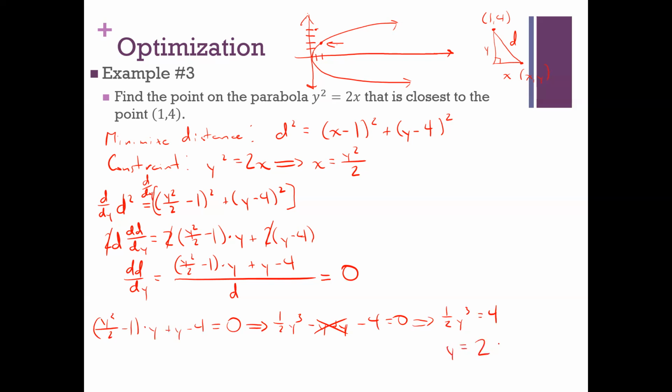So the point that we just kind of talked about randomly is the closest one. So we got y equals 2. What does that mean that x is equal to? Also 2. So the point on the parabola that's closest to that other point, 1, 4, is 2, 2.